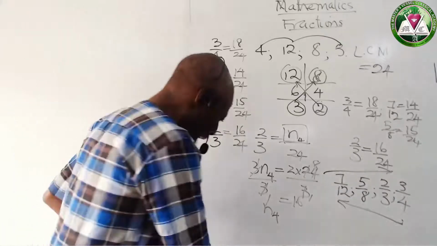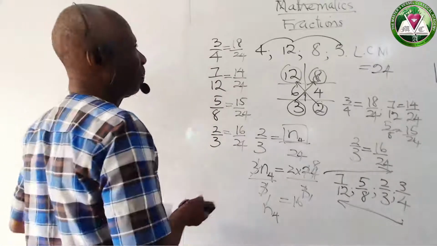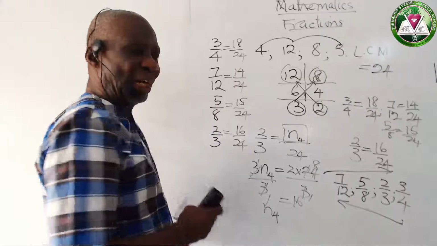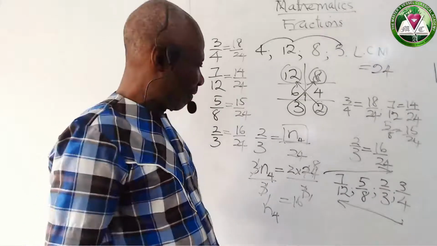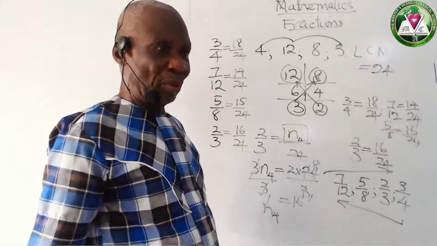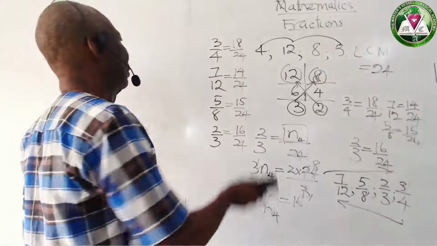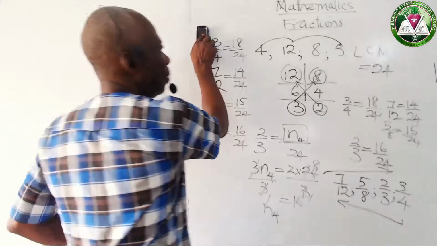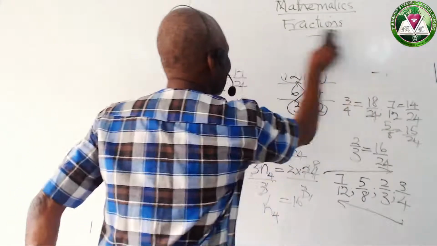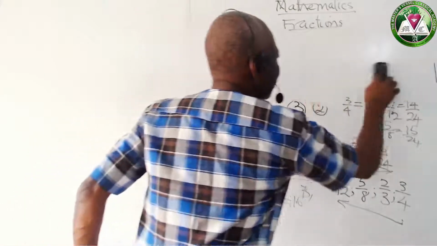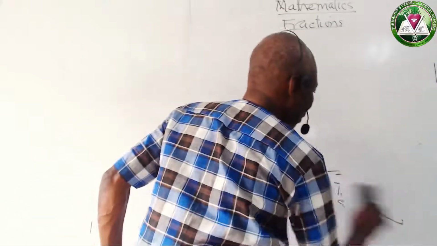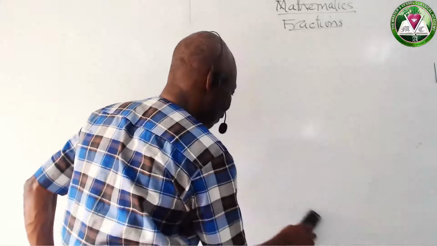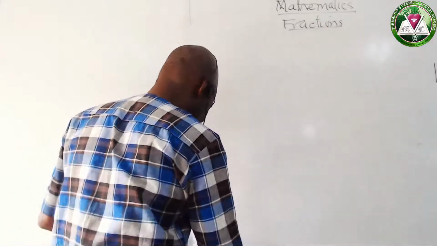Because of how vast this topic is, we shall now take simple addition and subtraction of vulgar fractions. Simple, not complex ones. Simple. All right, we can wipe away this and take those ones. Now, addition and subtraction of vulgar fractions.